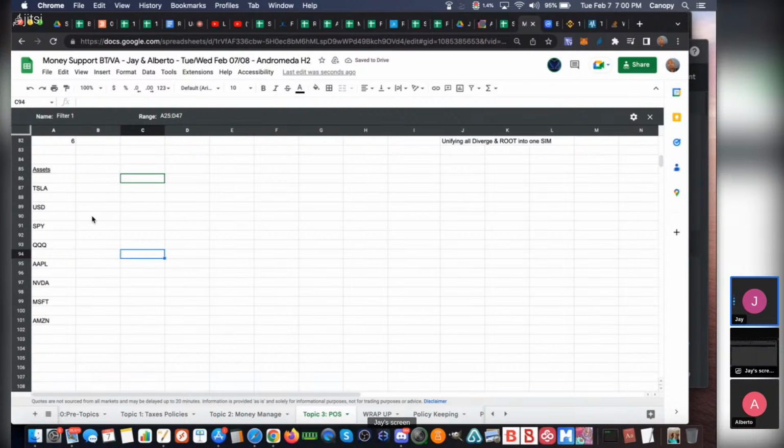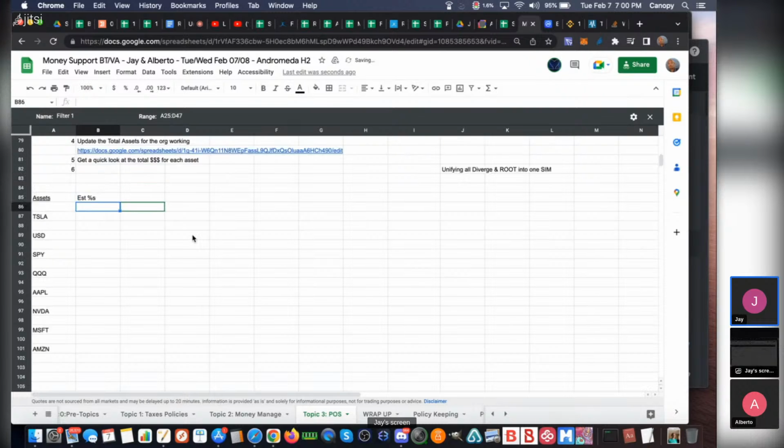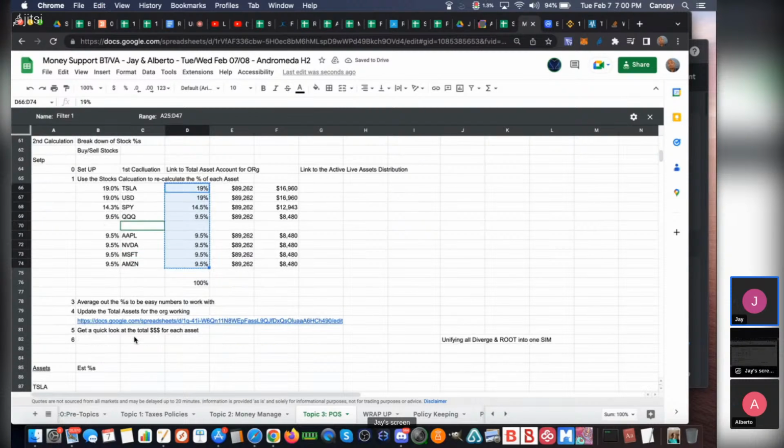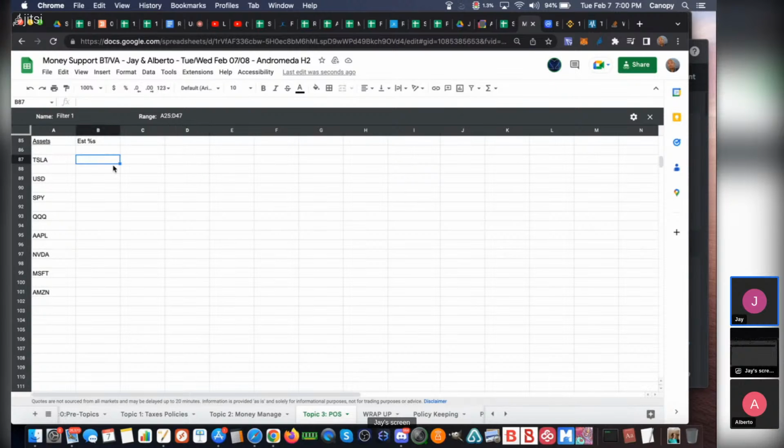Okay, so first thing we have is assets. The second thing is the percentages. This is the estimated percentages. So then we just pull out the 19. This should go pretty quick since most of them are just the same number.